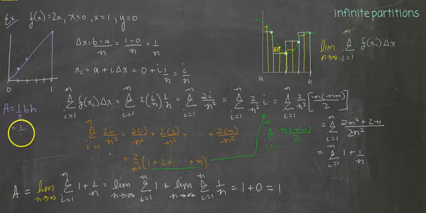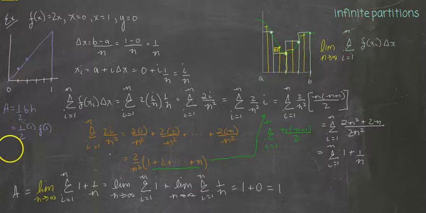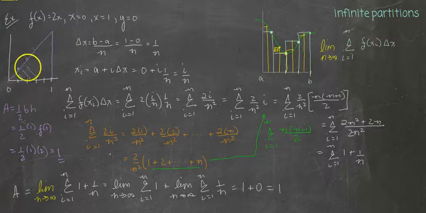The base is just 1, times the height, which is the f of 1 value. The f of 1 is 1 times 2, which equals 2. 1/2 times 2 equals 1. So the area of this triangle equals 1.